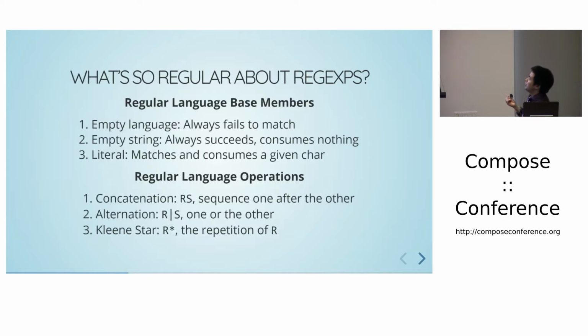All regular expressions need an empty language that fails to match on anything, an empty string which always succeeds and consumes nothing, and a literal that matches a given char, so literal A will always match A. And you can concatenate them, alternate them as in a choice, or repeat them 0 or more times. So this is a mathematical construct: if we have these 3 base elements and these 3 operations, we have a regular language with some equivalence constraints.